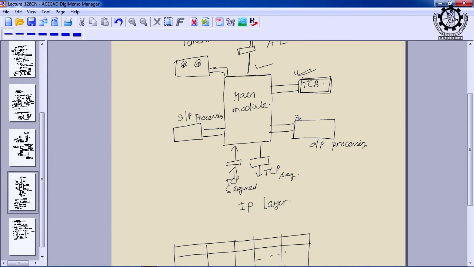This is all about your TCP, the transmission control protocol, and why it is popular or why it is mostly used other than UDP. You still use UDP, but where you use UDP is now clear for you, where you use TCP is clear for you, right.